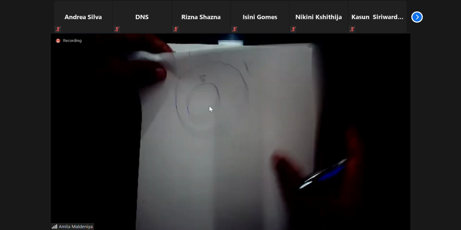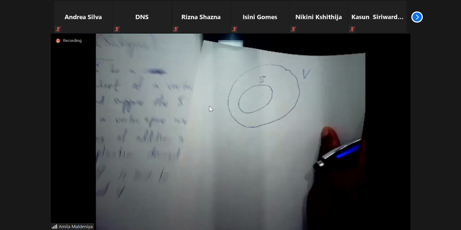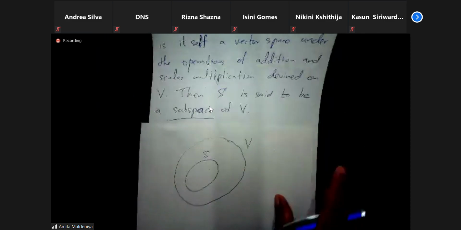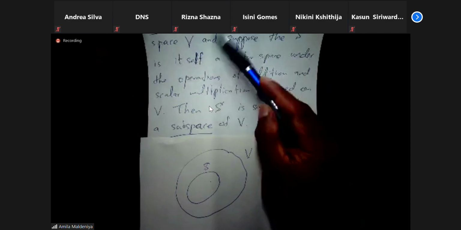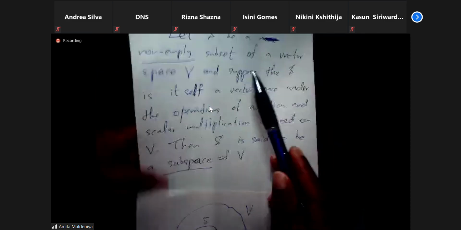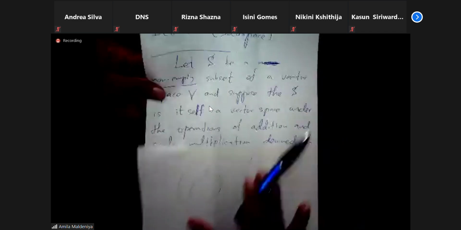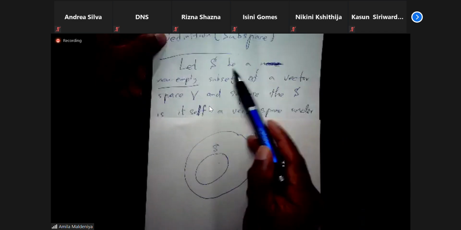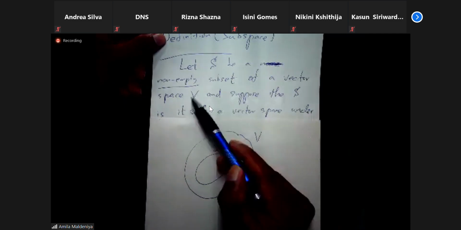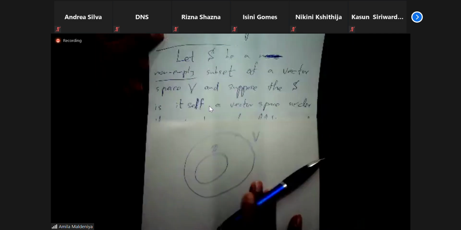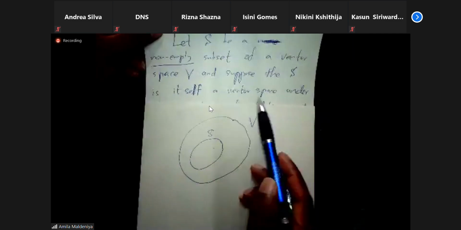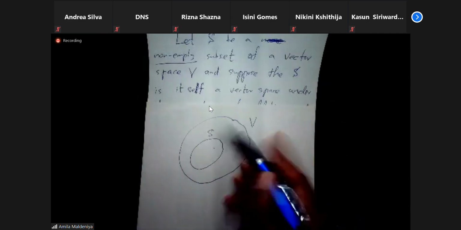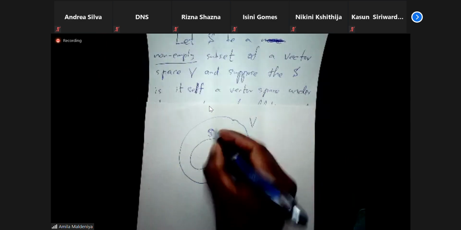Right now, let's see what this definition says. Let S be a non-empty subset of the space V, and suppose S itself is a vector space.